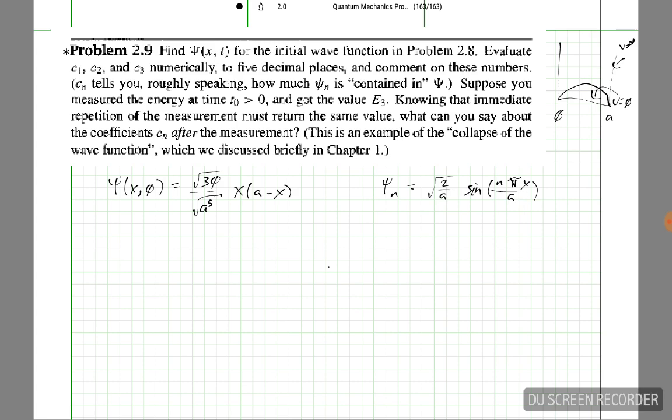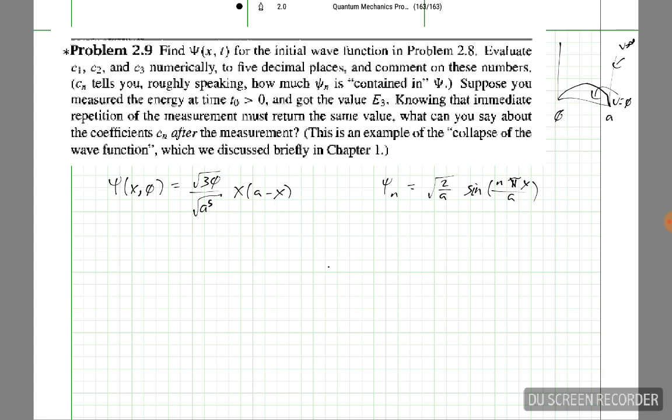So it is going to be artificially started as a parabola, and as time progresses, it's going to go into a sine function in order to fit those boundary conditions and be a solution to the Schrödinger equation.